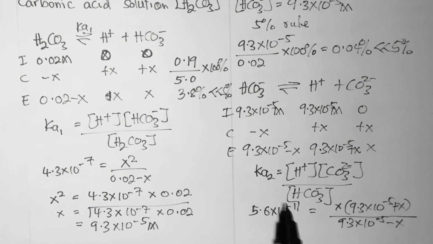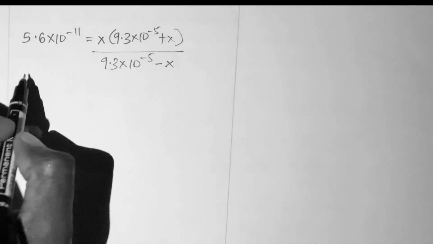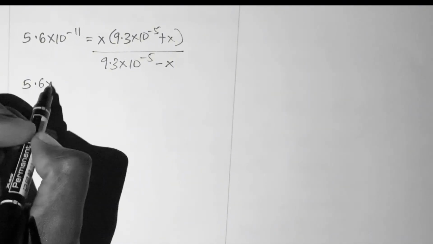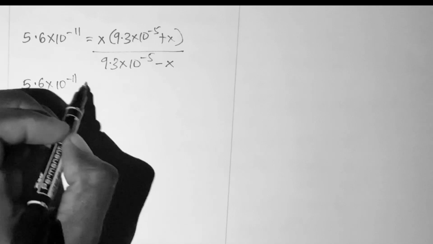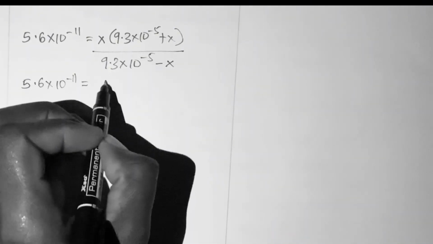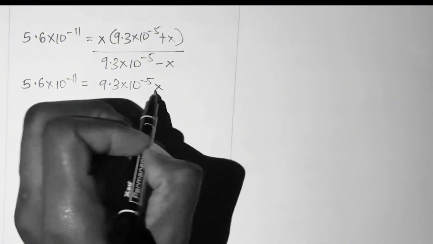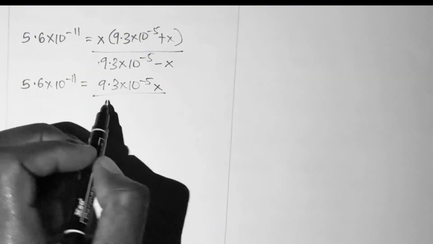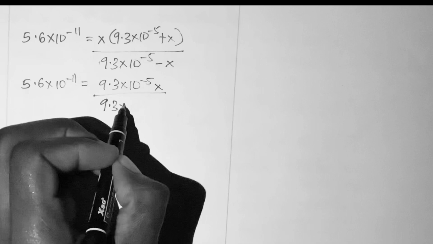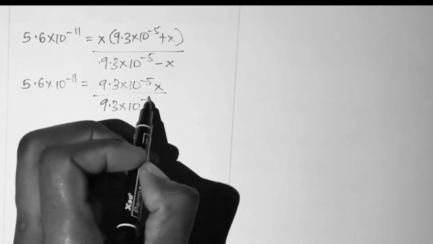I see that this is so small, so let's make the approximation. Then 5.6 times 10 exponent minus 11 is equal to 9.3 times 10 exponent minus 5 times x, divided by 9.3 times 10 exponent minus 5.